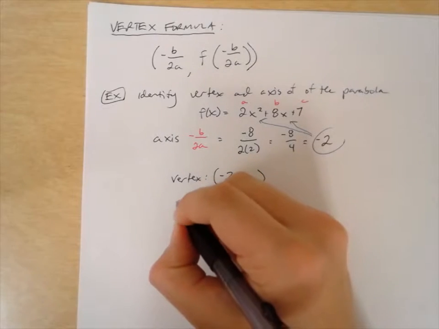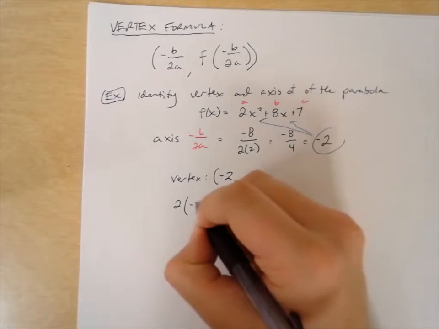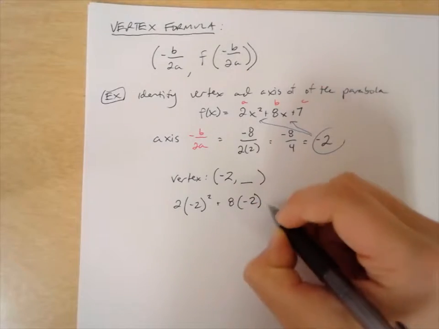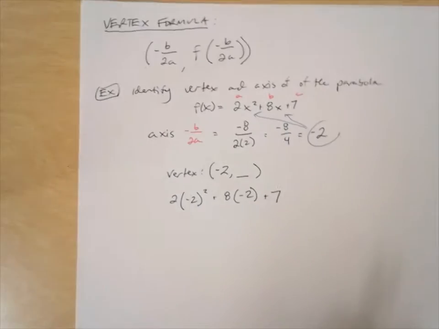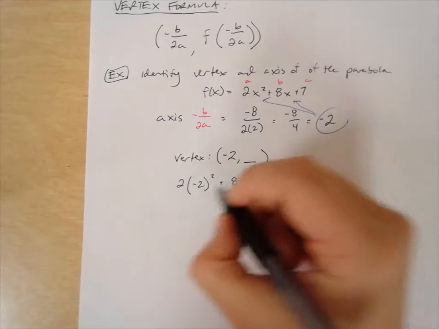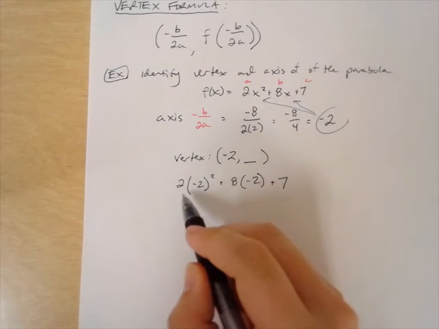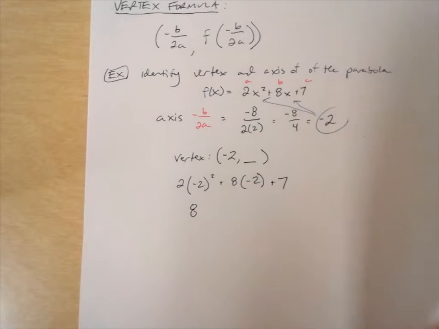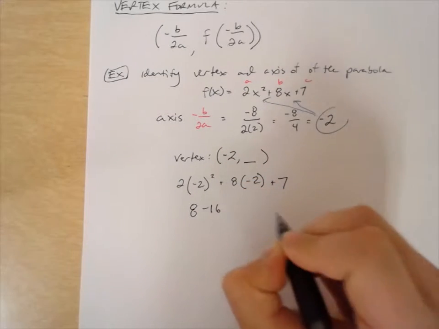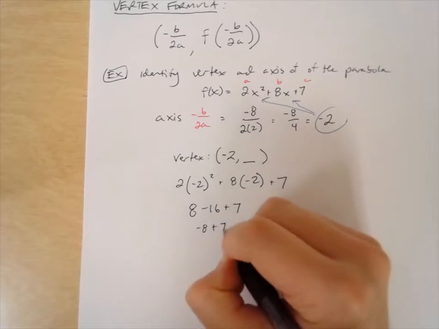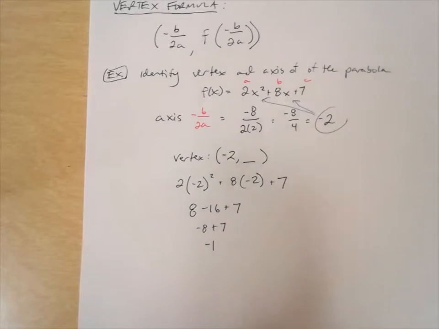So we're going to say 2 times negative 2 squared plus 8 times negative 2 plus 7. When we evaluate this, we get 2 times 4, so we get 8, minus 16 plus 7. Negative 8 plus 7, we get negative 1.